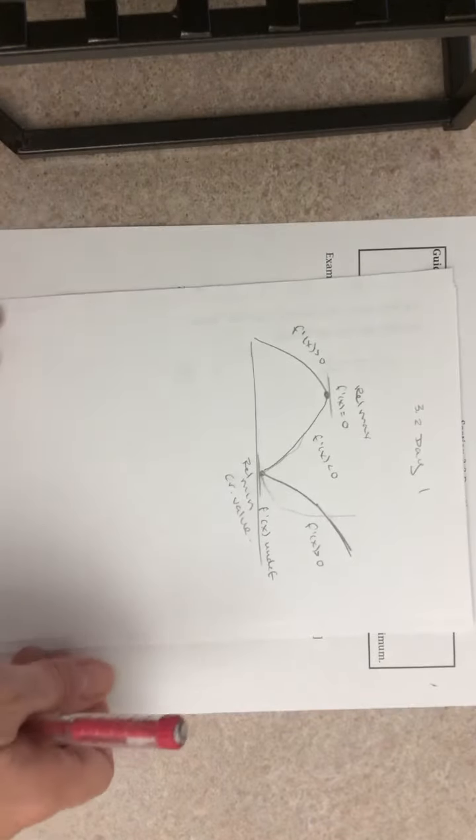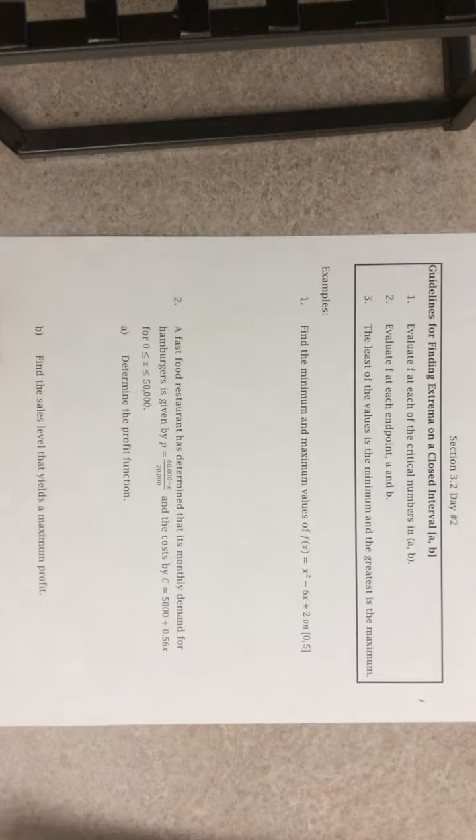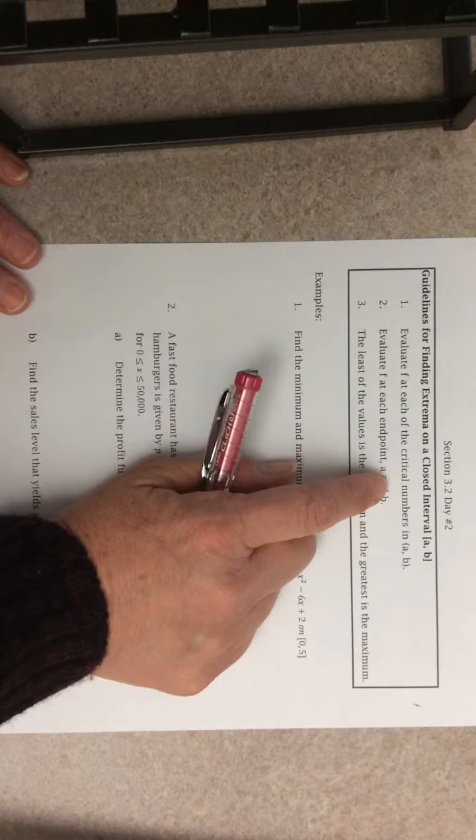And what we're going to talk about today is a different kind of maximum and minimum called absolute max and absolute min.